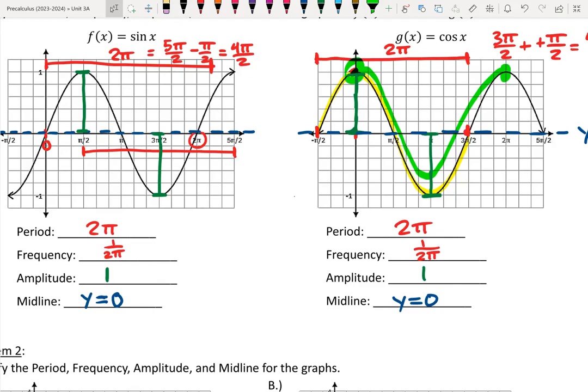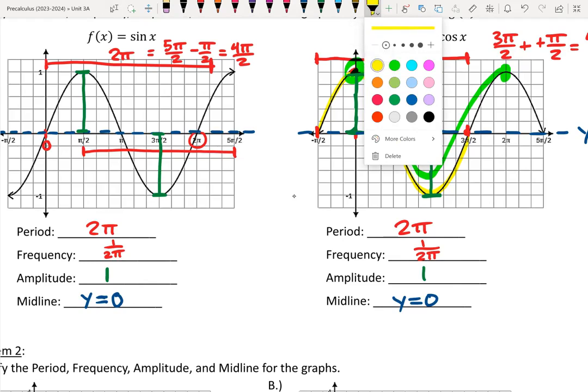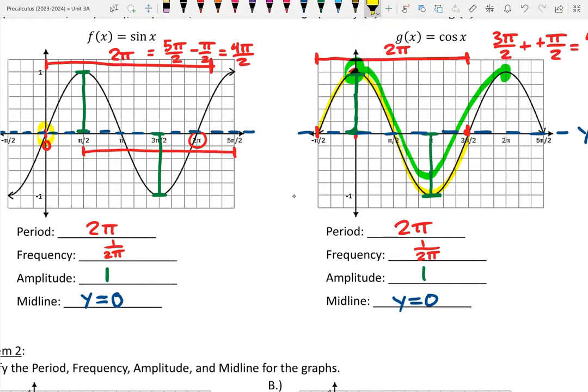Again, they're just shifted off from each other, right? Sine starts its main period at 0 and goes around back to 0, whereas cosine starts its main period at 1 and goes around and ends at 1.